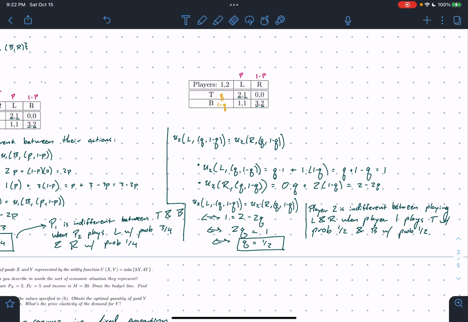Okay. So these are our two conditions for the mixed strategy Nash equilibrium.